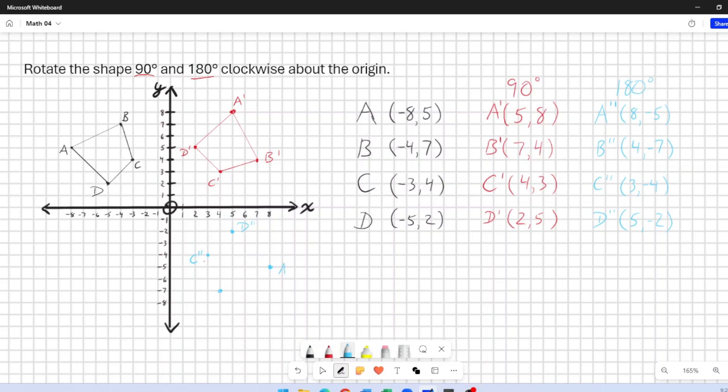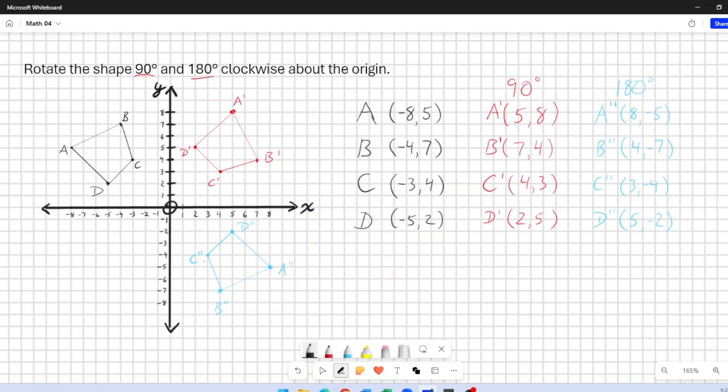Okay, so this is going to be A double prime, and this one's going to be B double prime. So when we put it together, just draw the shape here, some nice straight lines. And you can see we've done a successful rotation of 180 degrees.